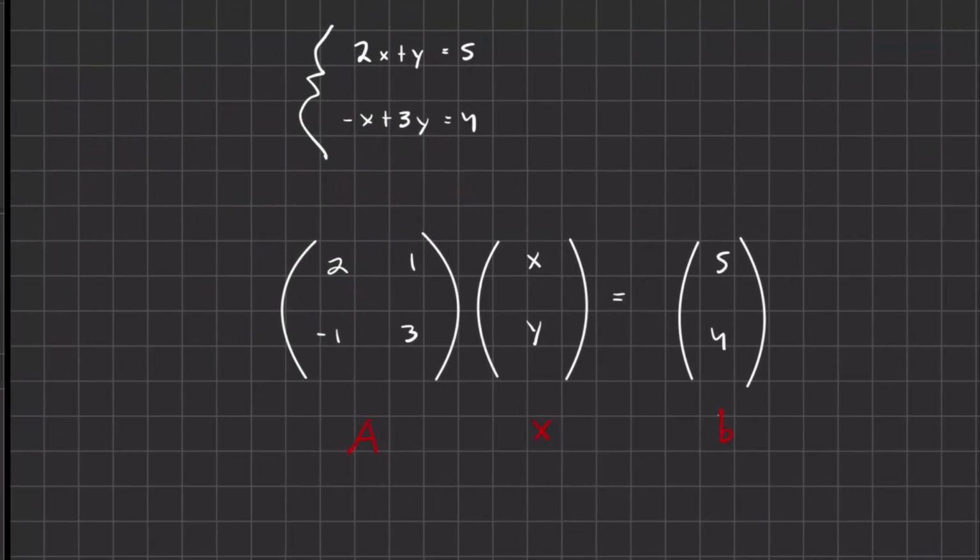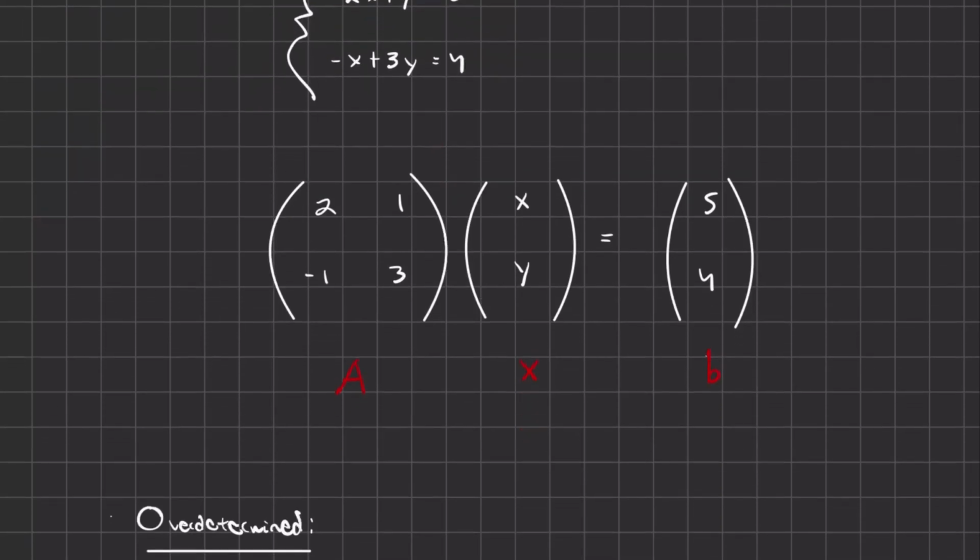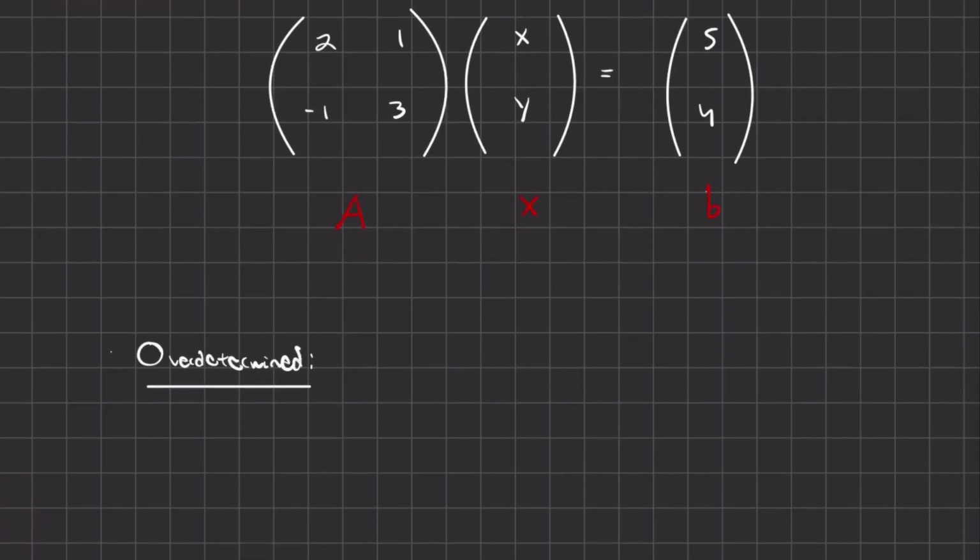So that would mean that we had, say, 3 equations here, but we still were only looking at variables x and y. So in that case, we would have a 3 by 2 matrix. So 3 equations, 2 variables. And this is what we call an overdetermined system. And generally, this is often inconsistent and means generally that there's no solution.